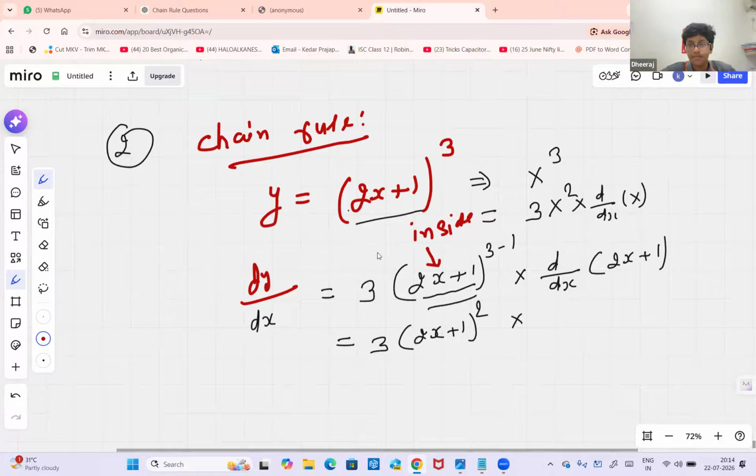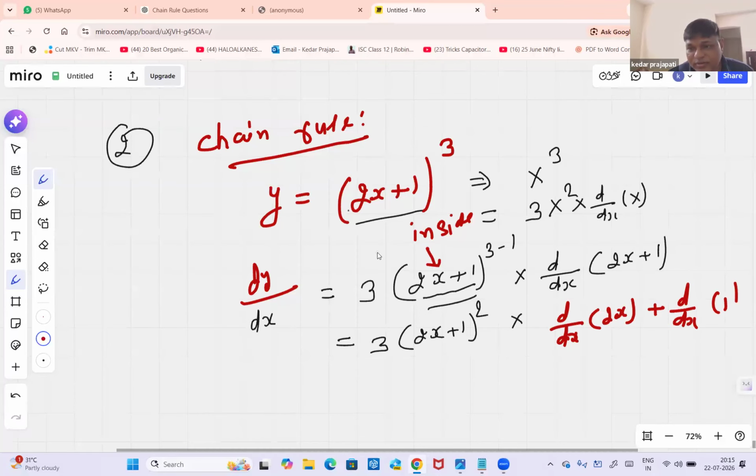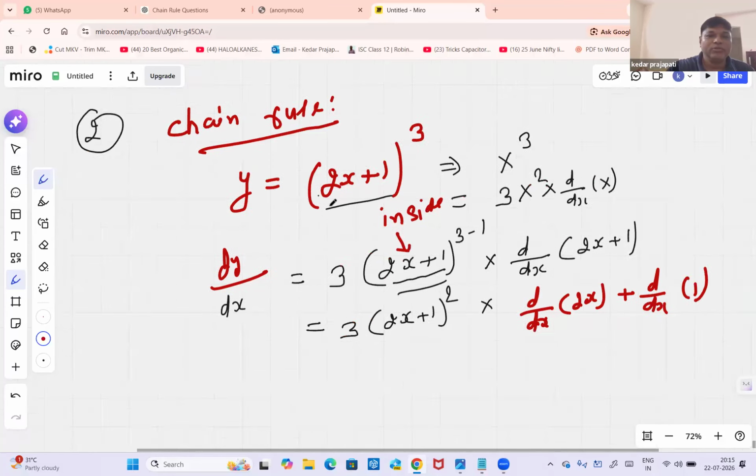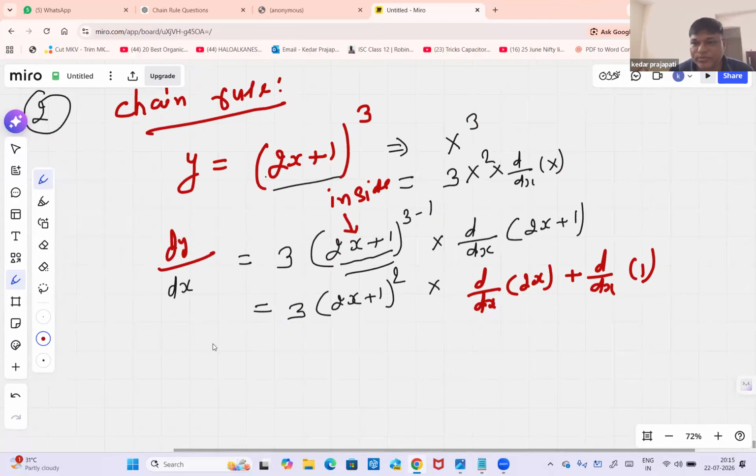We will find d by dx of 2x plus d by dx of 1. Now I have not taught you what is the differentiation of 1. Right? So 1 is a constant, so its derivative is zero.